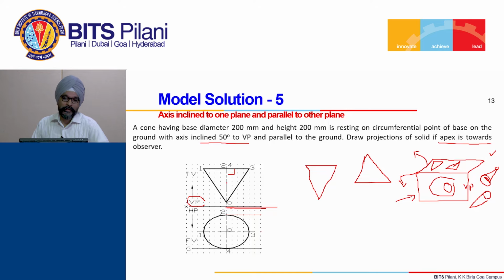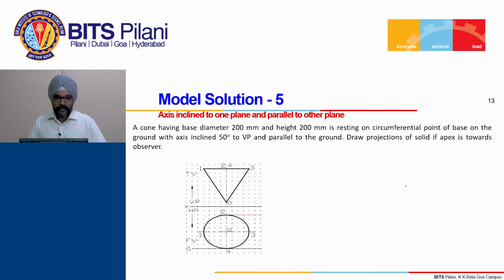So this is how we get the inverted triangle. This point was already explained in the previous case, but it was explained again.